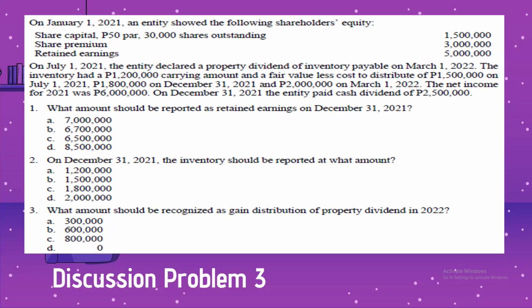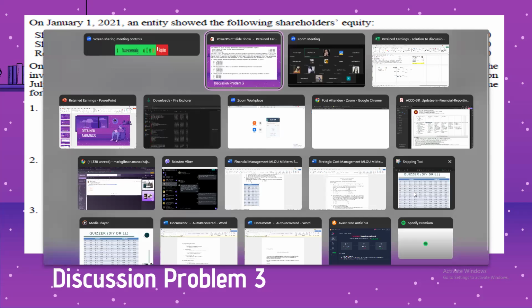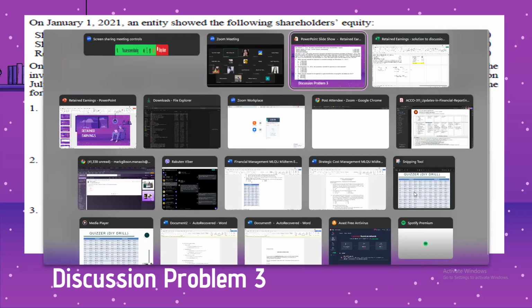The inventory had a 1,200,000 carrying amount and a fair value less cost to distribute of 1,500,000 on July 1, 2021, 1,800,000 on December 31, 2021, and 2 million on March 1, 2022. The net income for 2021 was 6 million. On December 31, 2021, the entity paid cash dividends of 2,500,000. Let's have problem number 3.